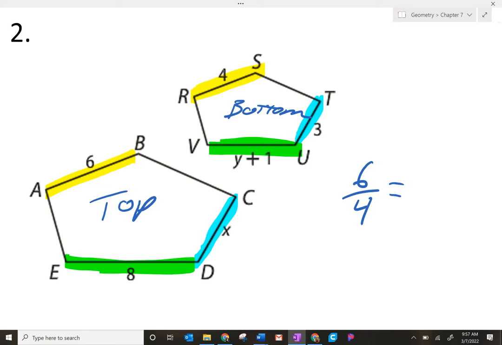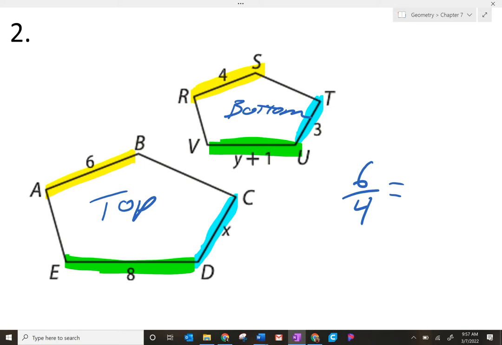Now, as you mentioned, this is the part where it doesn't matter. It doesn't matter if I choose the green one. It doesn't matter if I choose the blue one. As long as I choose the same color, and I set it up in the exact same order. So let's say I'm going to choose the green one for right now.